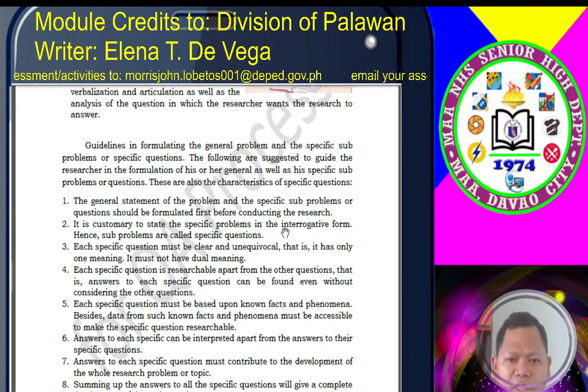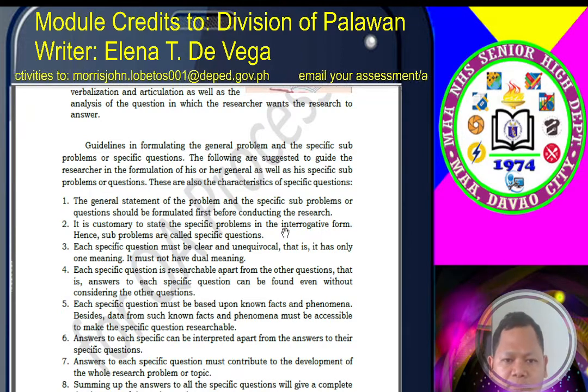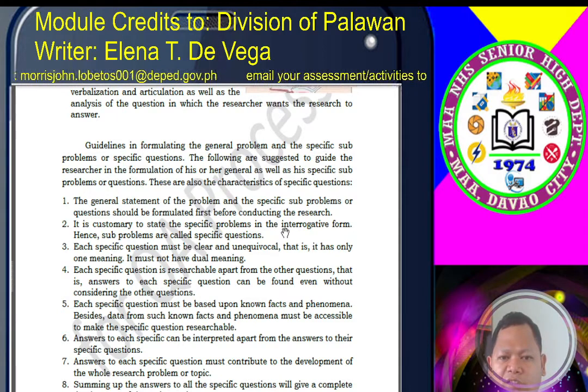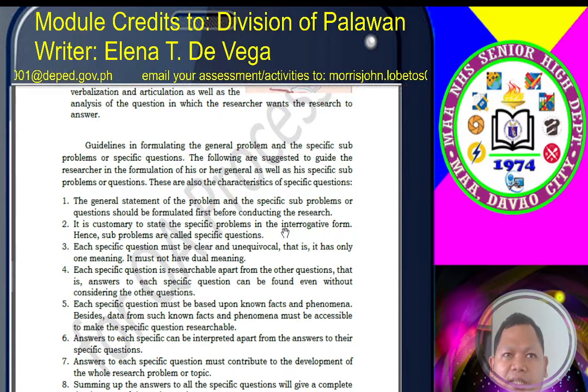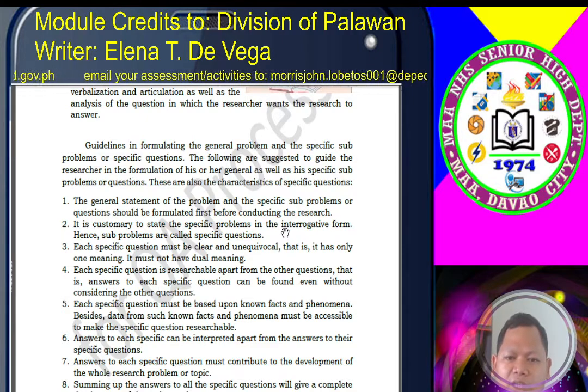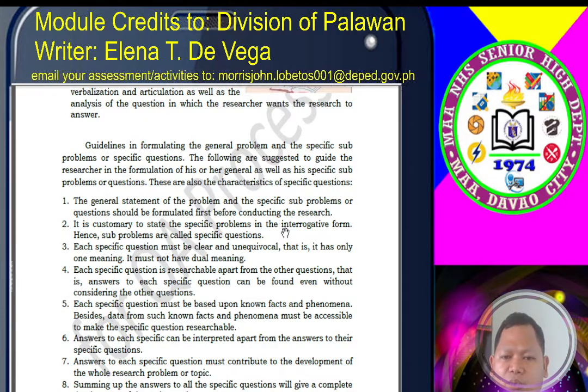Number four. Each specific question is researchable apart from the other questions, that is, answers to specific questions can be found even without considering the other questions. So in number four, you can understand that your specific questions are researchable, or can be answered, apart from the other questions.